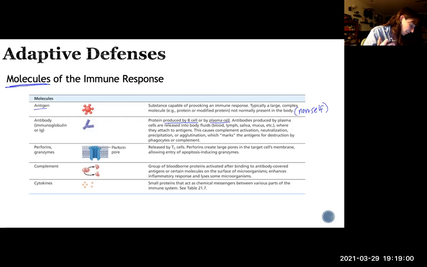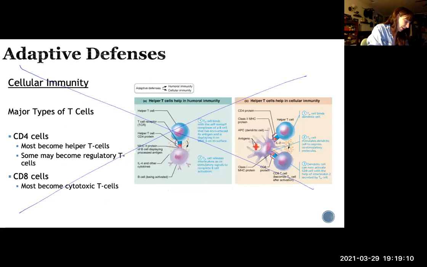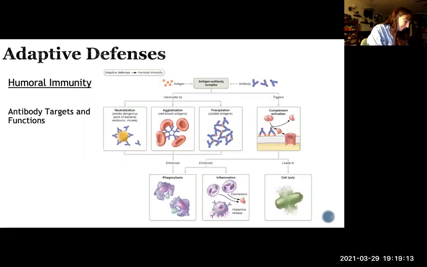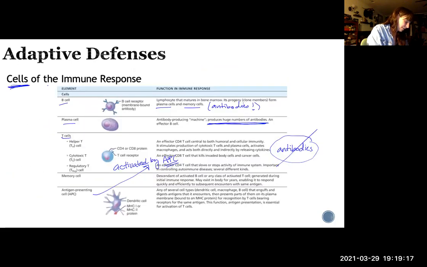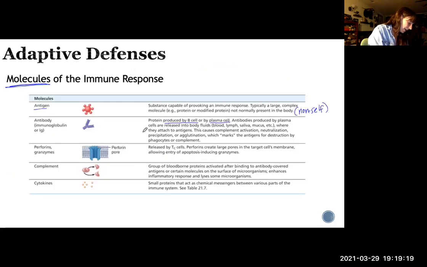They're released in the body fluids, they attach to antigens, they cause complement activation, neutralization, precipitation, agglutination, right? Which is all that stuff from over here. So all the stuff that antibodies do is also described here.